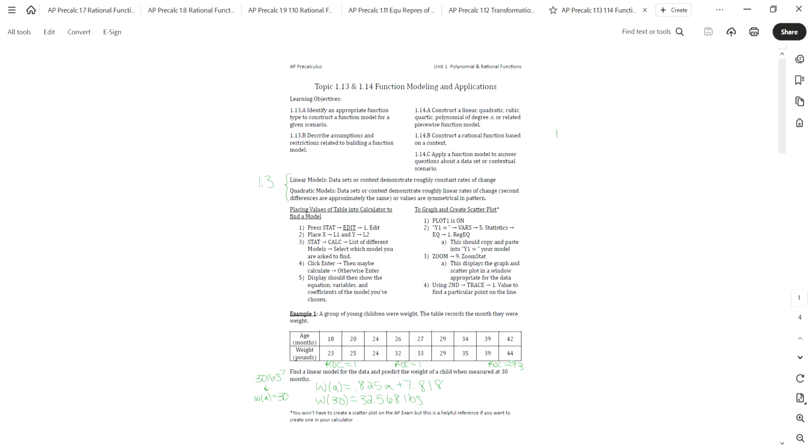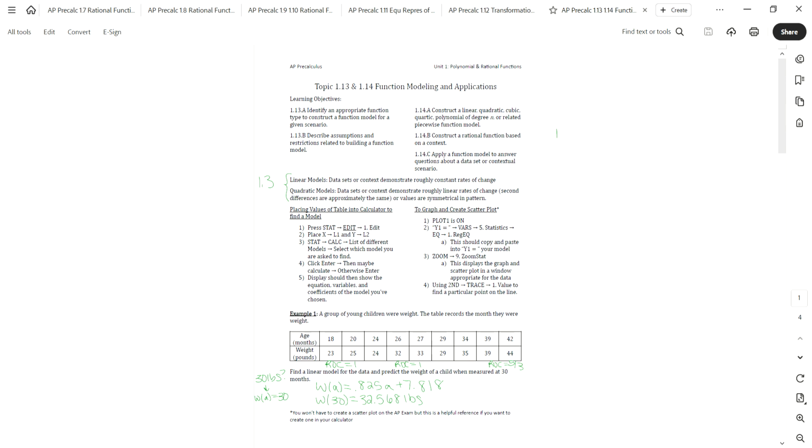Okay. Some of this was a little bit of review because we talked about linear and quadratic models and how we can see those in the table. What I will point out is this: applying a function model to answer questions about a data set or contextual scenario. And remember, data set, contextual scenario, we're talking about a story problem.